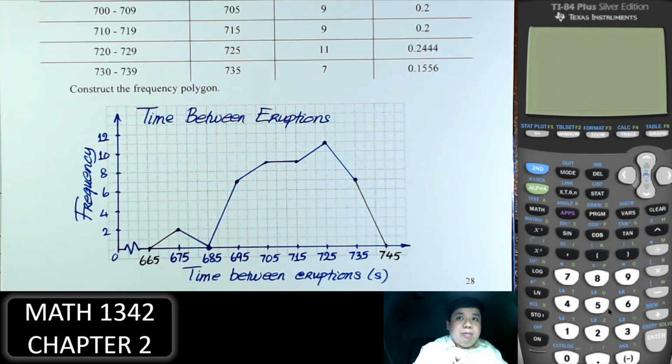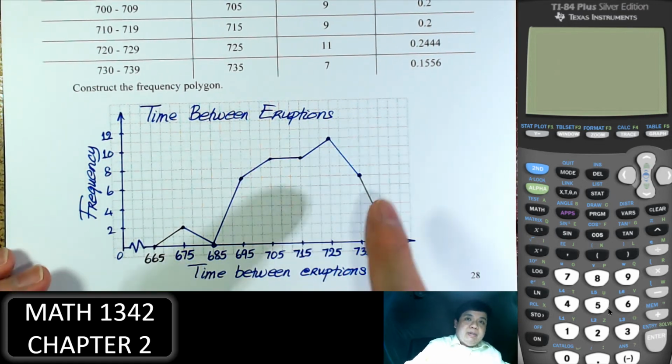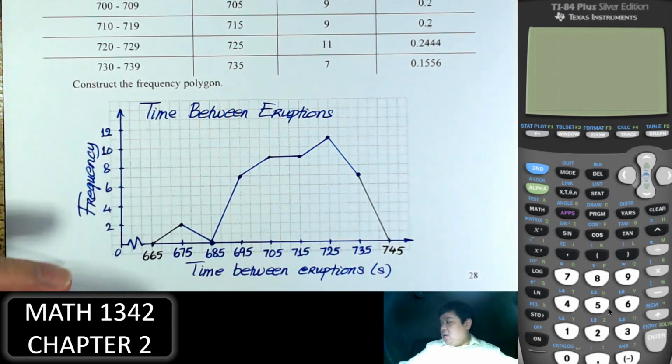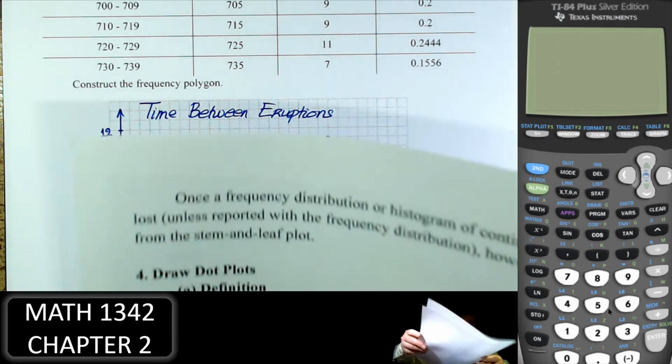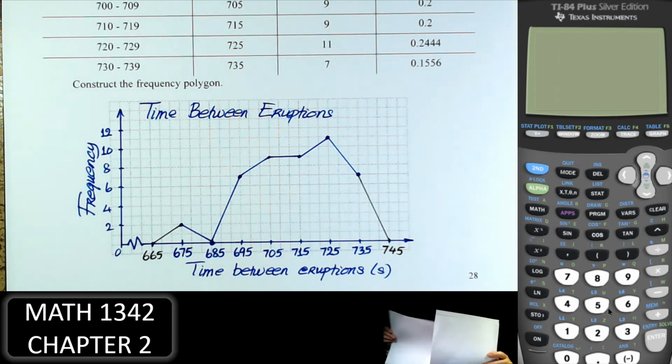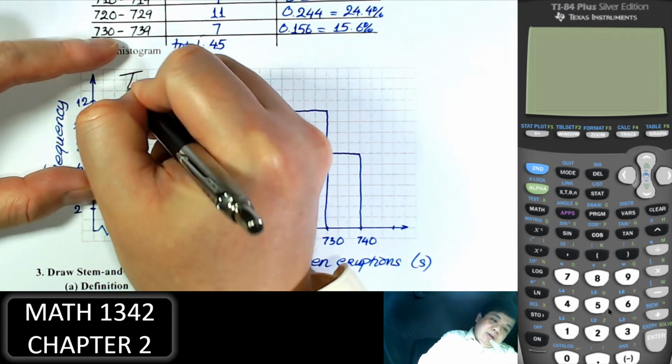Once again, we use the midpoint, and then we connect the midpoints and connect to the end. By the way, I forgot the name: time between eruptions.